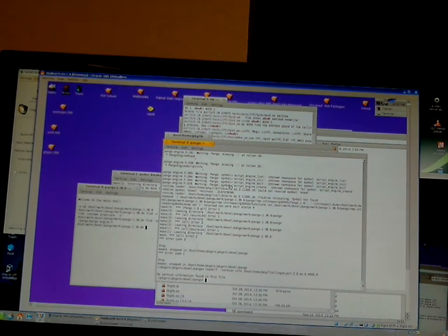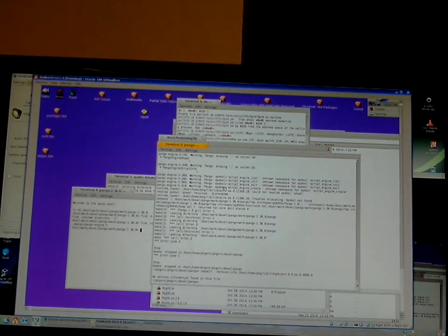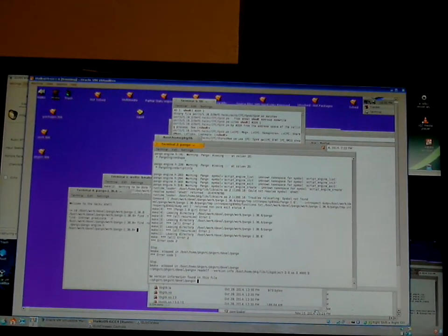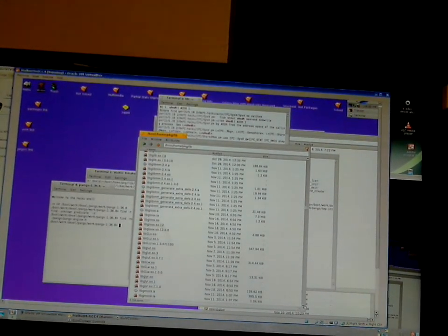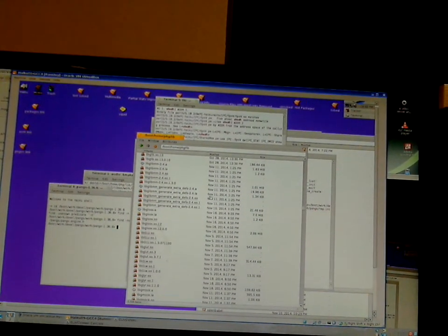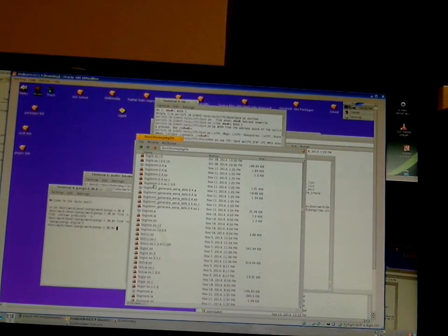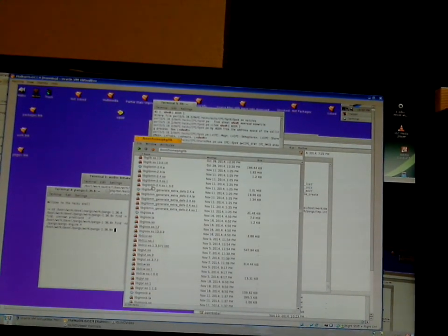Why doesn't it? Because I just did a, that's glib 1. Where's glib 2? Where is glib 2? Maybe that's it.